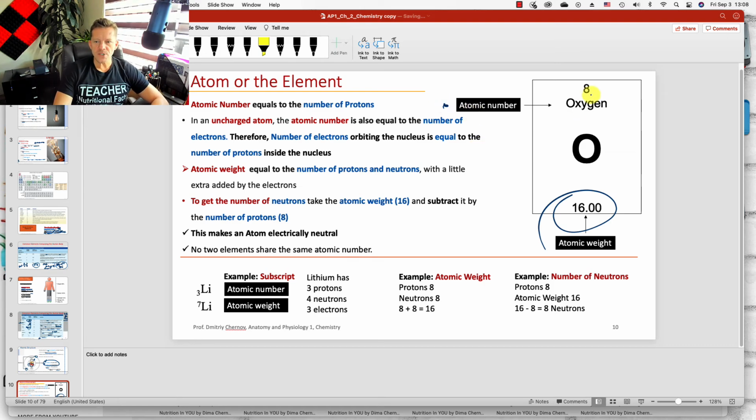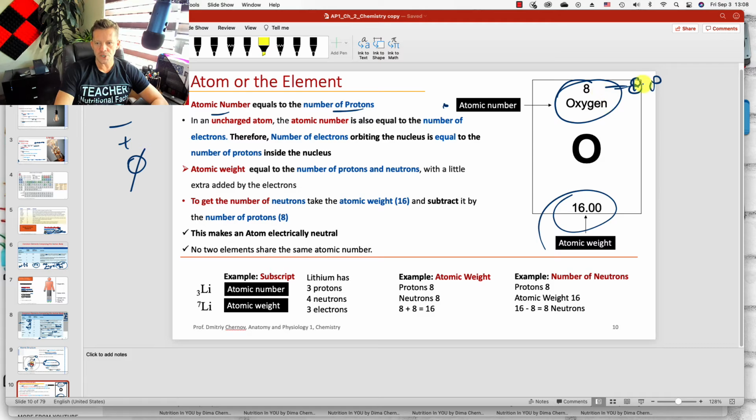Let's look at the atomic number. The atomic number of oxygen is 8. Atomic number equals the number of protons. So we know there are 8 protons in here. In an uncharged atom, uncharged meaning that it's not negative or positive, it's neutral, the atomic number is also equal to the number of electrons.